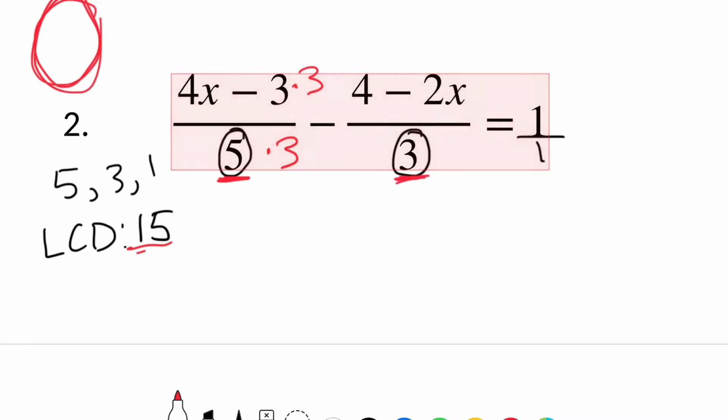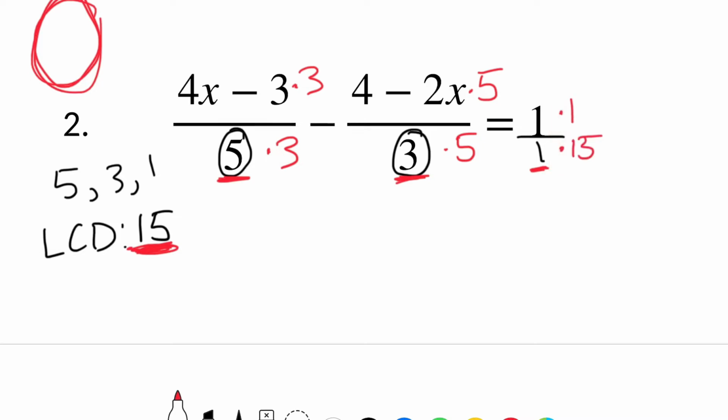The 3, what do I have to multiply by to get to our LCD? I have to multiply by 5. What I do in the denominator, I have to do to the numerator. For the 1, what do I have to multiply by to get to my LCD? I have to multiply by 15. So I also have to multiply the numerator by 15.